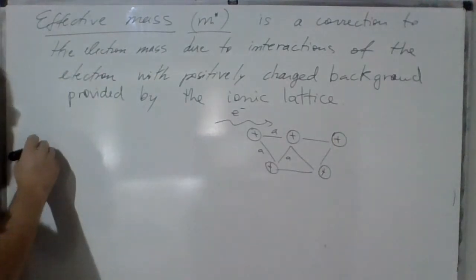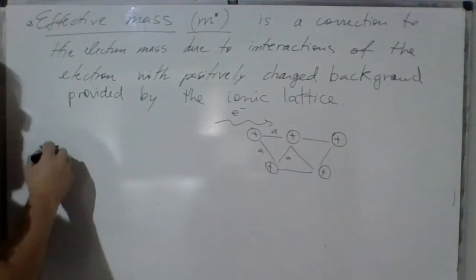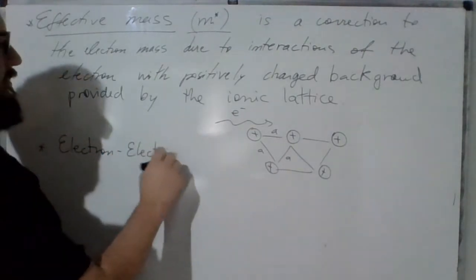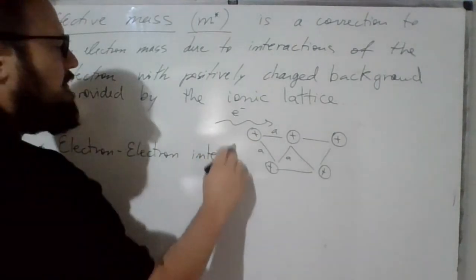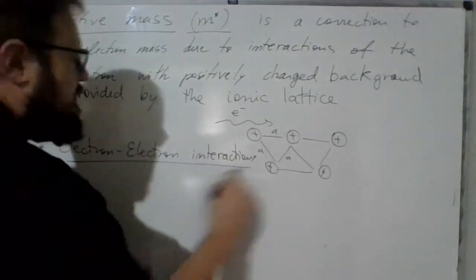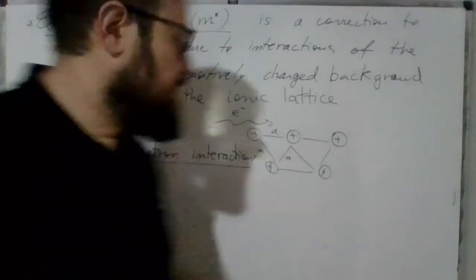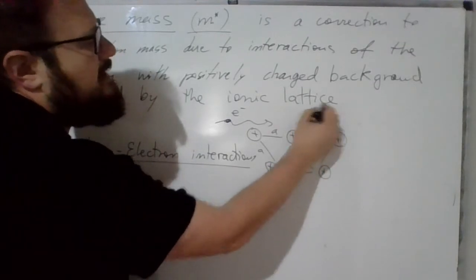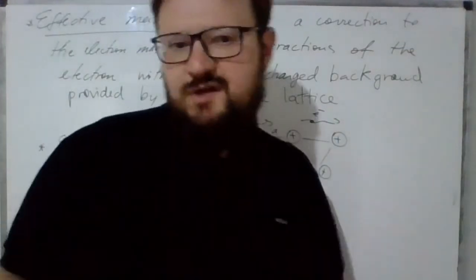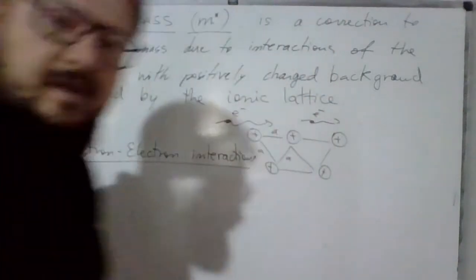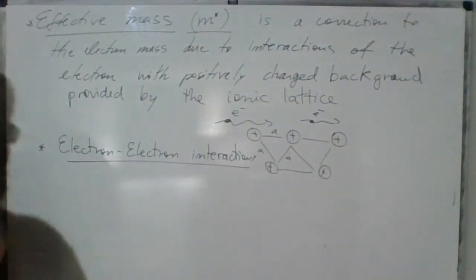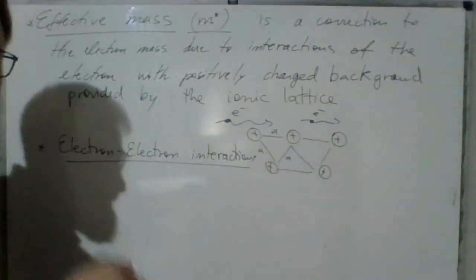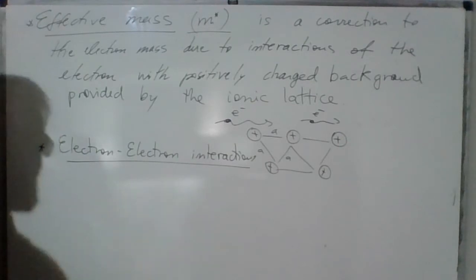And there is another issue here, which is electron-electron interactions. Because one electron here sees another electron, perhaps, and they repel each other. They have the same charge, but you can neglect this, as a first approximation, at the lowest order.